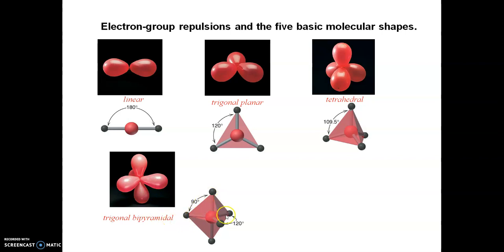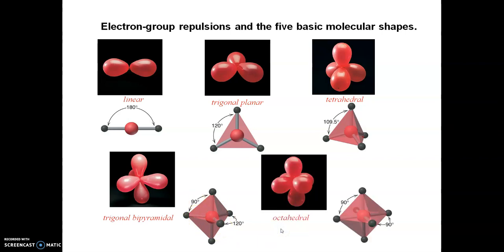So you have a trigonal pyramid, not a tetrahedron because it's not bent down at the bottom, you see, and then another one below it. Now that one we'll talk about more later, but you get some weird bond angles in there. But I'm almost out of time, so the last one, if you have 6 pairs, you have an octahedral shape. It's an 8-sided solid, an 8-sided die for you D&D players again.